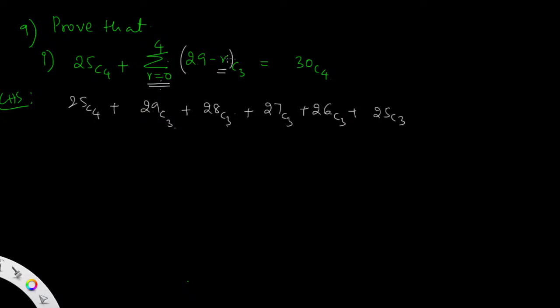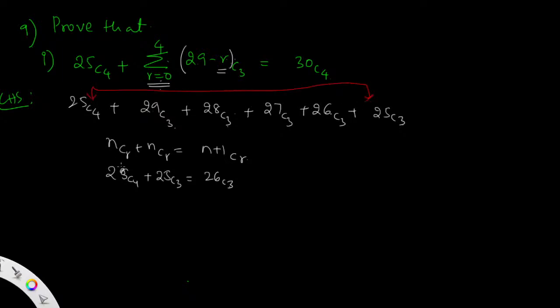Now substituting the basic formula, nCr plus nCr-1 equals (n+1)Cr. So 25C4 plus 25C3 can be written as 26C4. For the sake of our convenience, take the first value and the last value. That implies 25C4 plus 25C3 plus 26C3 plus 27C3 plus 28C3 plus 29C3.